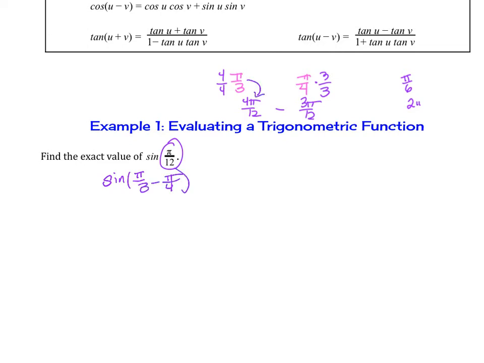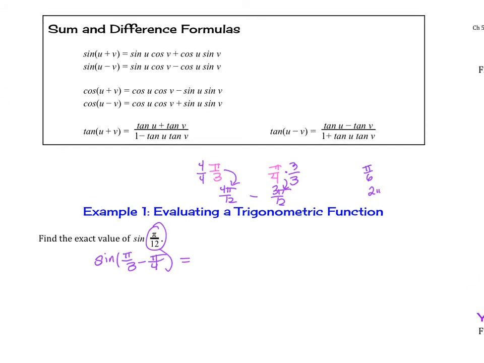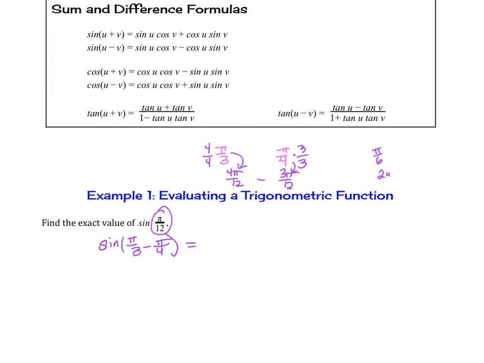Pi over 3 is the 4 pi over 12, and pi over 4 is the 3 pi over 12. And so what I can do is use the difference formula for sine, and so that's sine of pi over 3 times cosine of pi over 4 minus cosine of pi over 3 times sine of pi over 4.